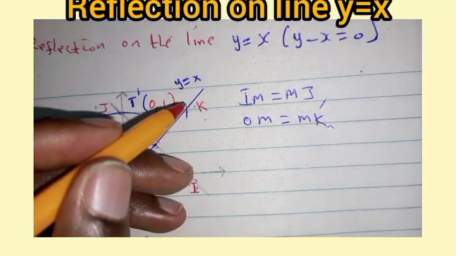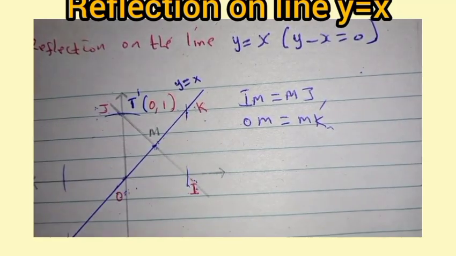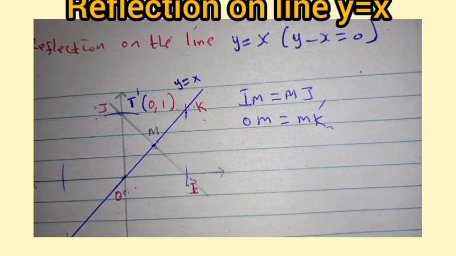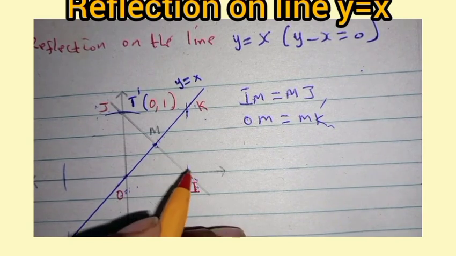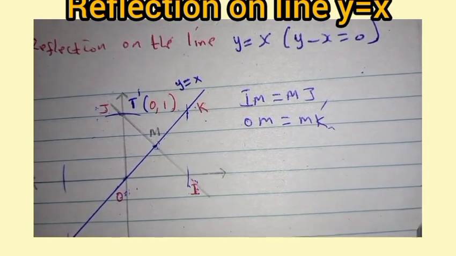When you join them, they are isosceles triangles. So this angle here is 90 degrees, the angle there is 90 degrees, and this other angle there is 90 degrees.